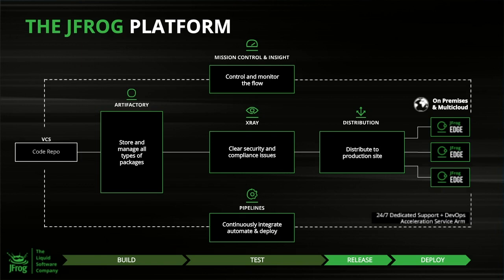Our vision in JFrog is what we call liquid software. When we say liquid software, we're talking about the ability to make the software delivery process so simple and so transparent that it is basically liquid. So a developer finishes developing the code, and then very easily, if everything passes all the quality gates and safeguards, this piece of software is installed on whatever device it needs to be deployed on.